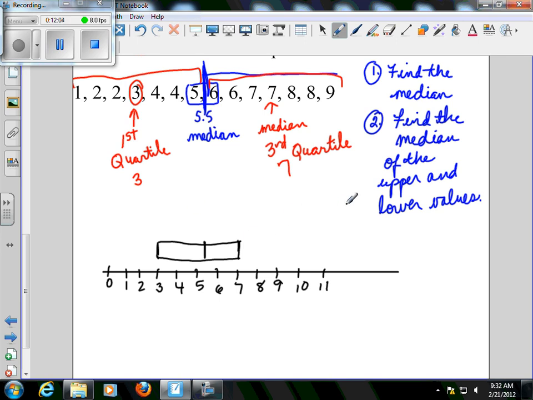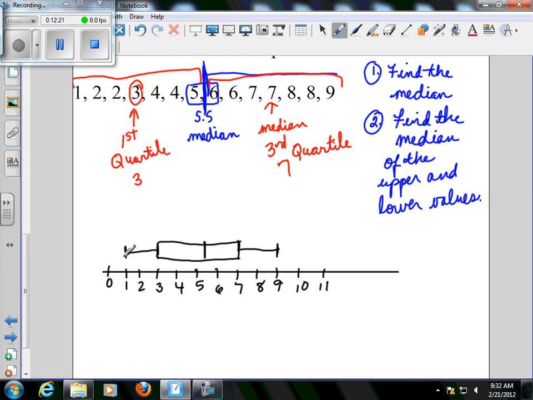Now, we want to make a mark where the lowest values and the highest values are. The lowest value is 1, so we'll make a mark. And our highest value is 9. We're going to make what's called the whiskers going out to those points.